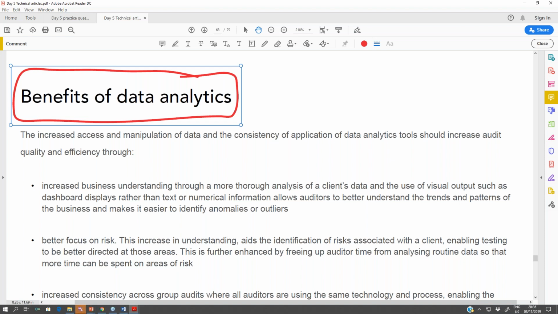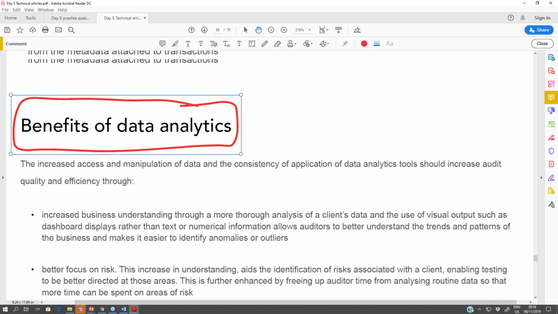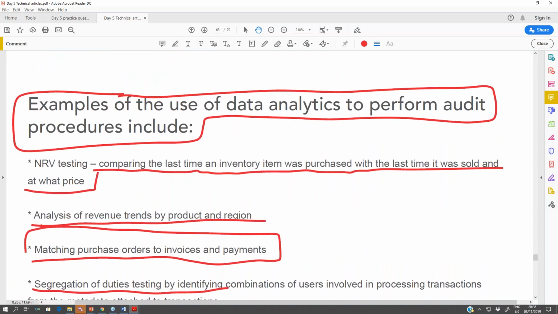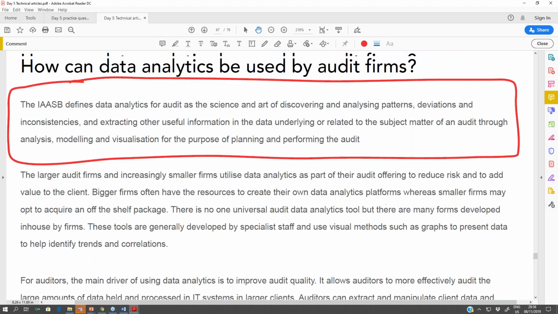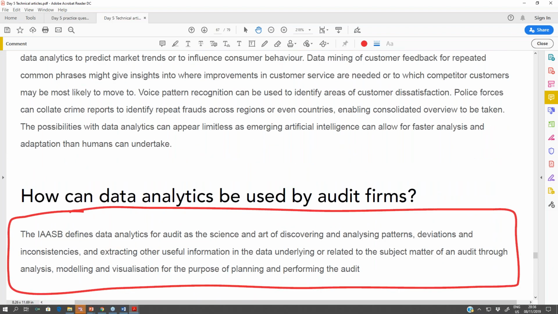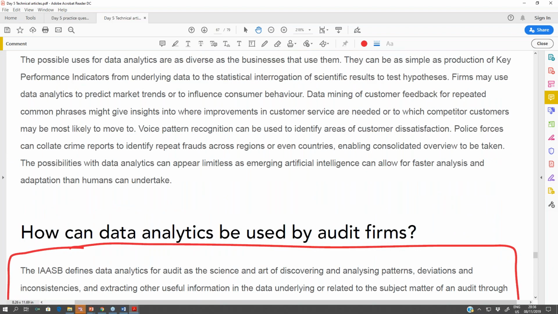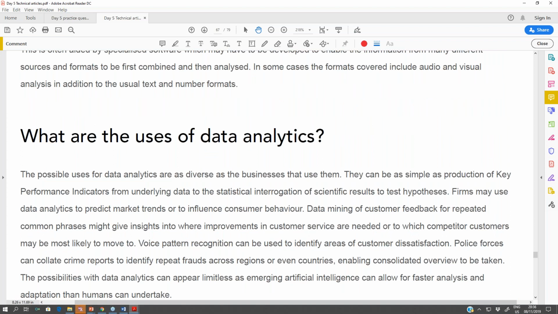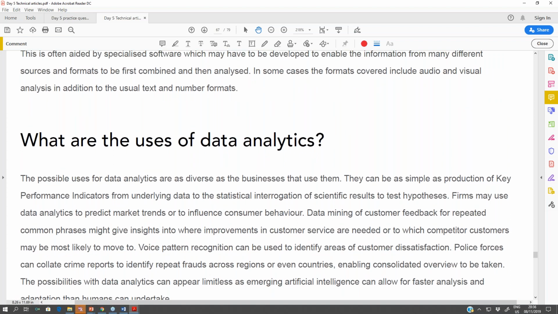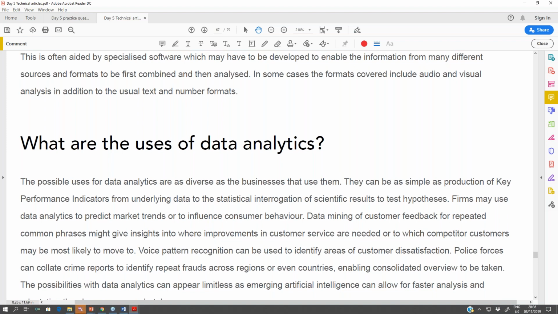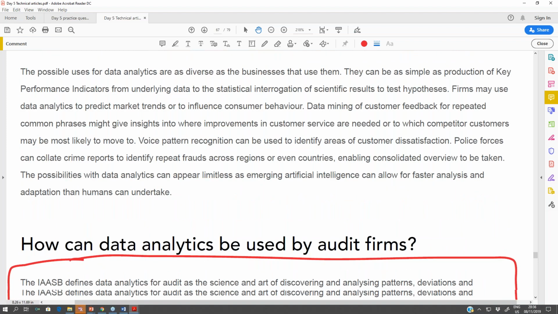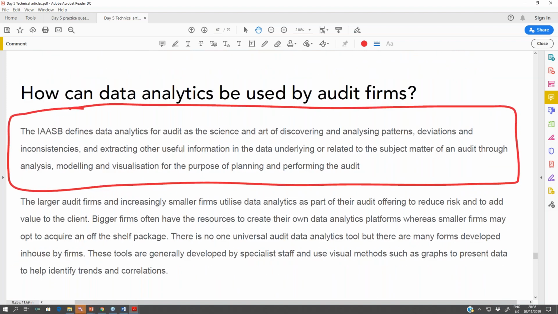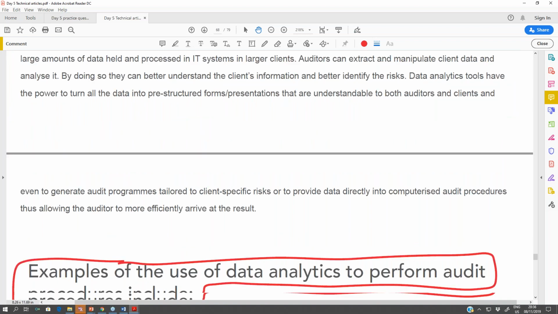You cannot ignore headings. Benefits of data analytics. The heading before that was procedures. The heading before that was how data analytics can be used by the firm. The heading before that is what are the uses of data analytics. So please ensure that you read every heading and make your notes, because you don't know which heading comes in the December 19 exams.